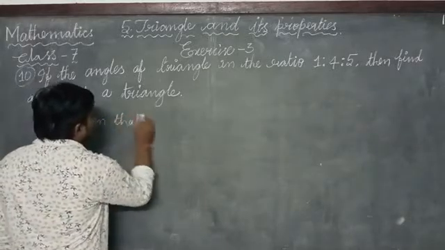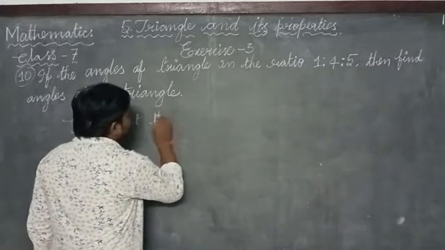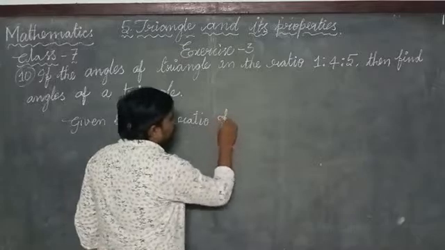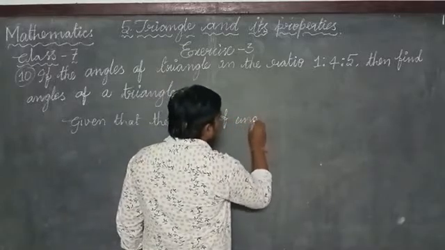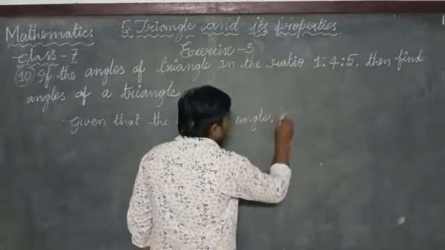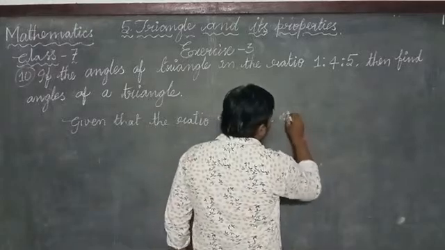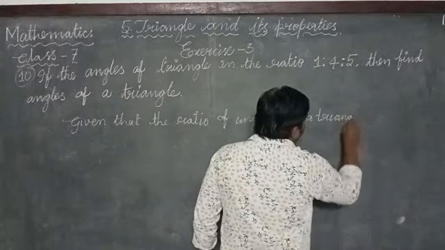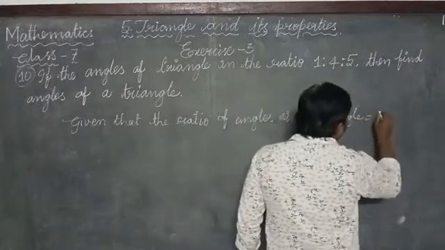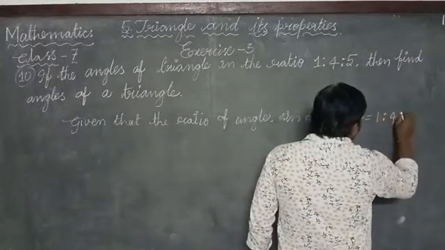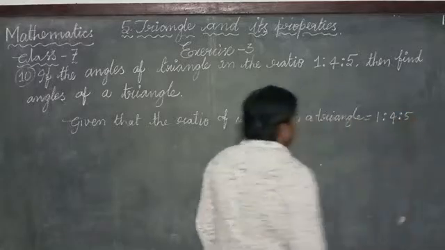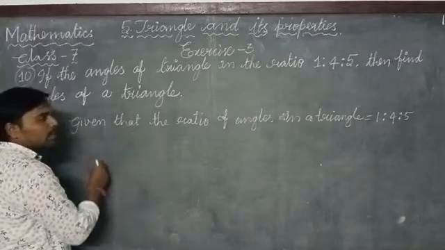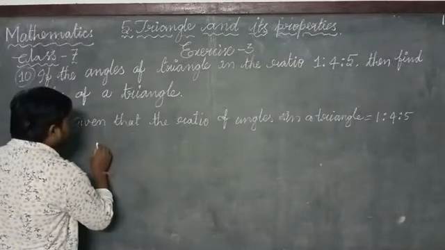Given that the ratio of angles in a triangle equals 1:4:5. Now let us add all the ratios.